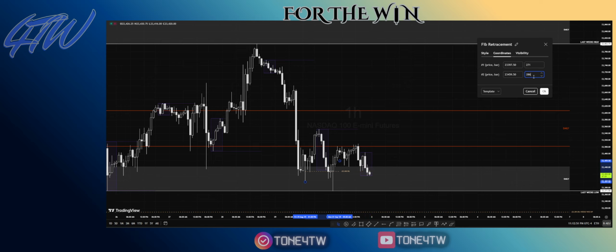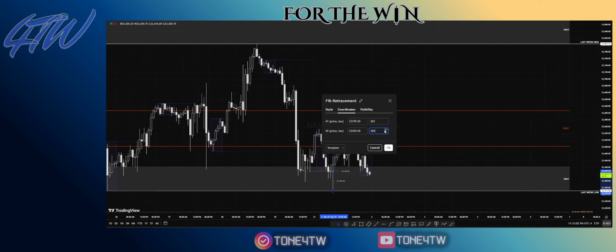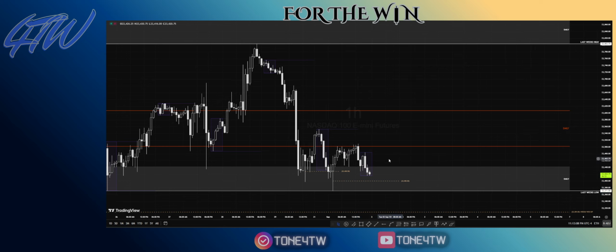So I'll keep that one on there. So now I'll look at this one as well. So basically 400. And see how price plays off of these two levels. So make this white.